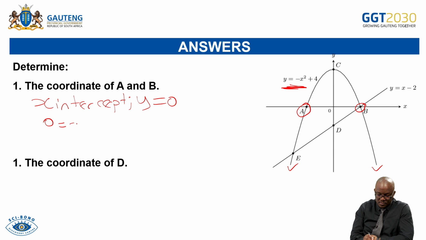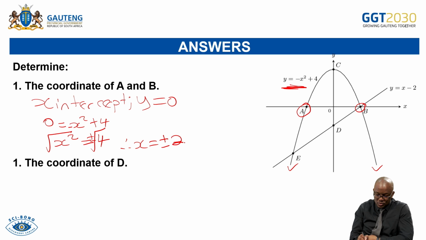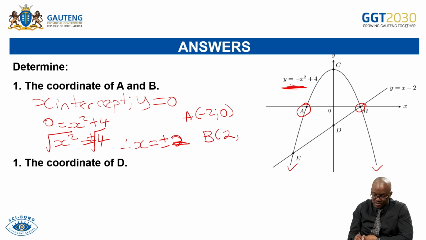If y is 0, negative x squared plus 4 equals 0, we transpose and get x squared equals 4. Introduce the square root there. x will be plus or minus 2, which means A is (-2, 0) and B is (2, 0).